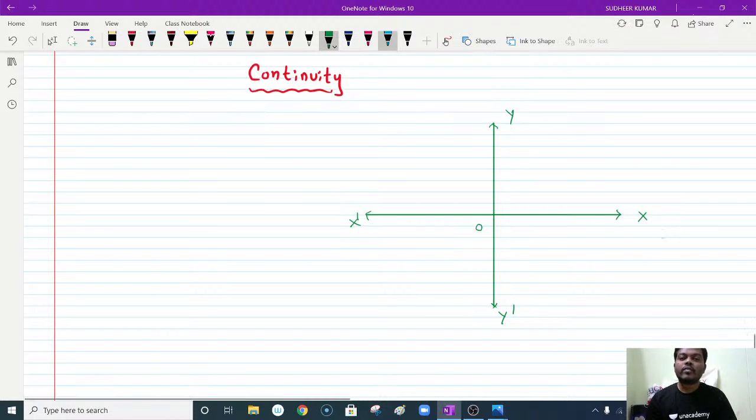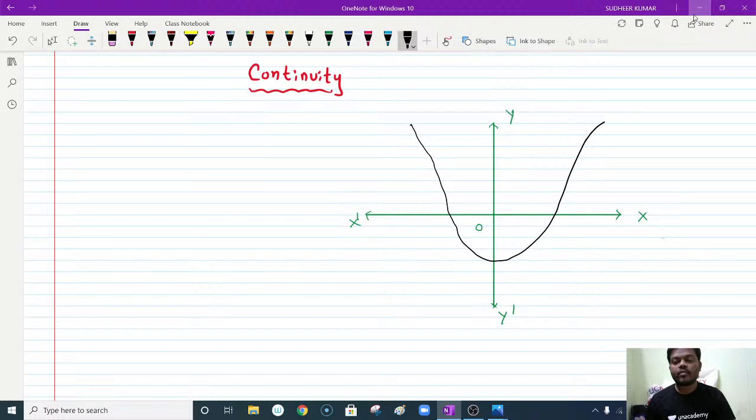If you draw the graph of the function, suppose if you start from this point, if you draw the graph of the function from point A to point B, I did not lift my pen from point A to B. So there is no break between A and B while drawing the graph of the function, right?